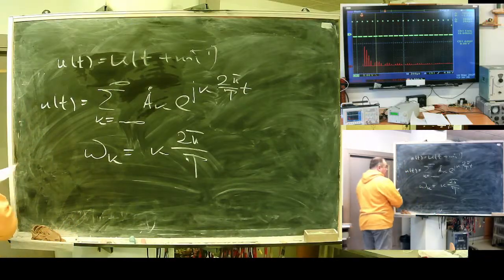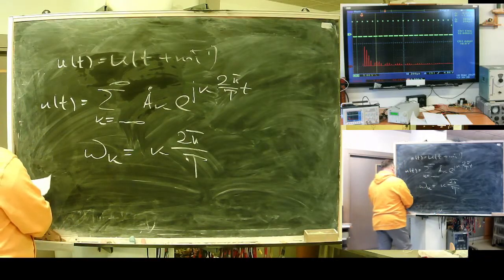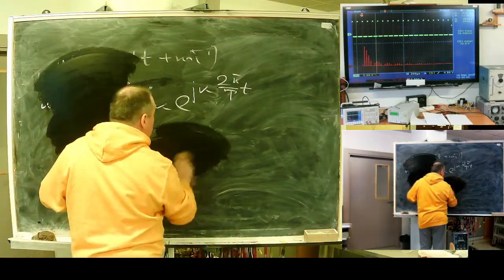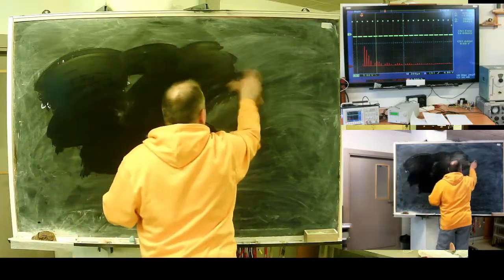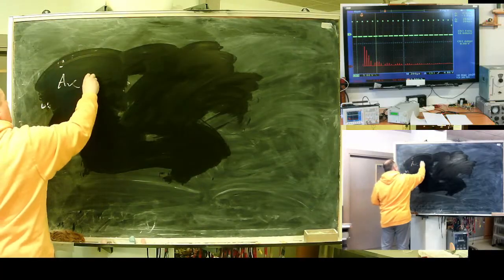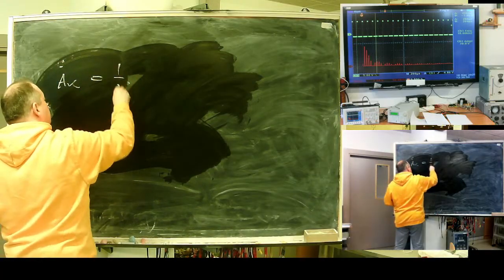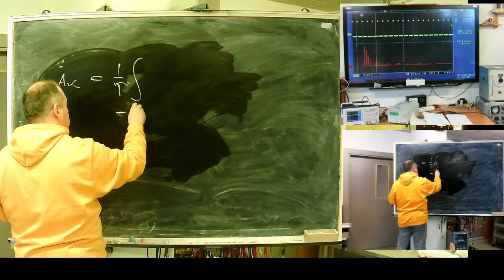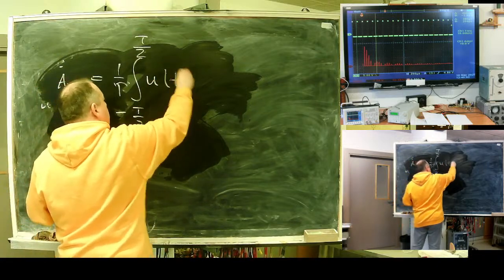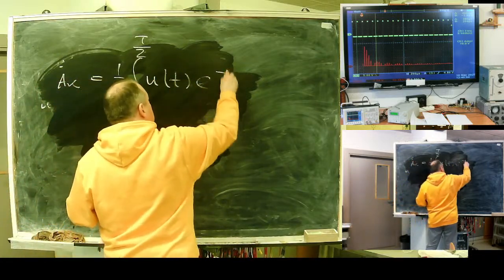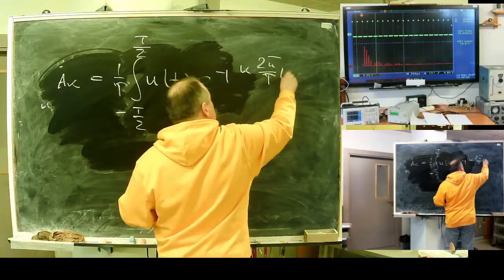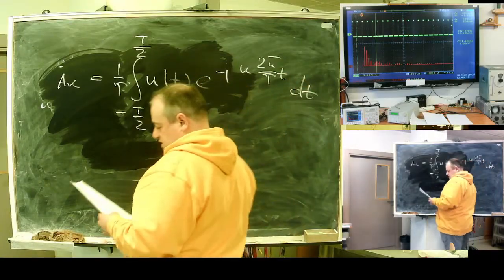And for each harmonic, the complex amplitude can be obtained as the integral from minus T by 2 to T by 2 of the function times e to the power minus j k 2π divided by T times t. This is classics.